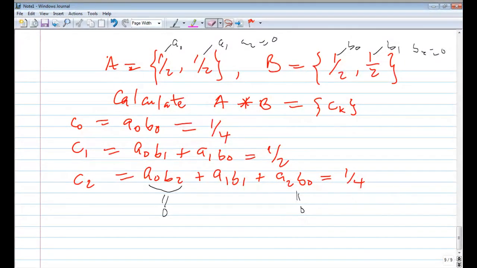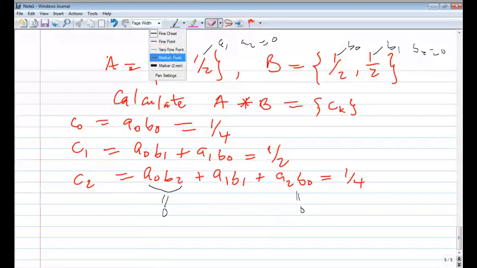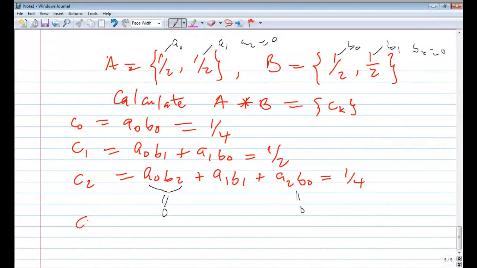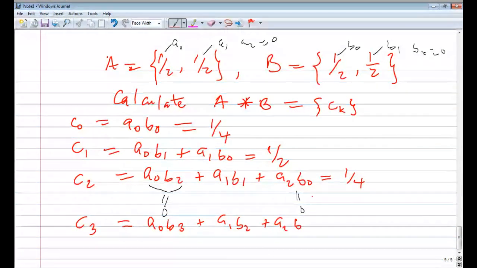Now you have got C0, C1, and C2. Let's continue to C3. Remember, C3 is A0 B3, A1 B2, A2 B1, A3 B0. What is the answer? Unmute your mic and tell me the answer. 0.